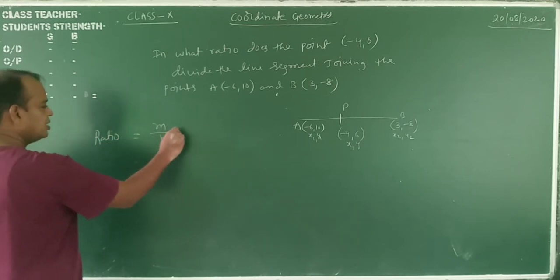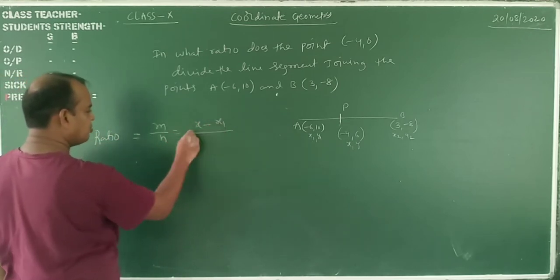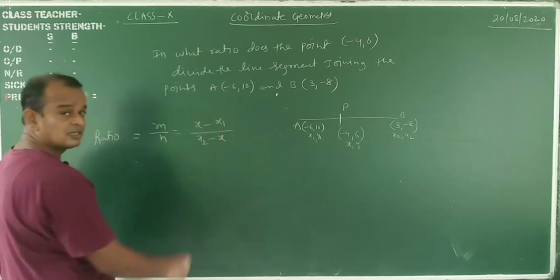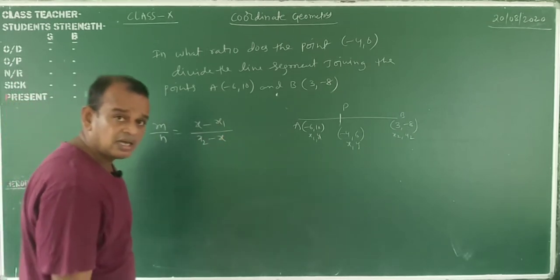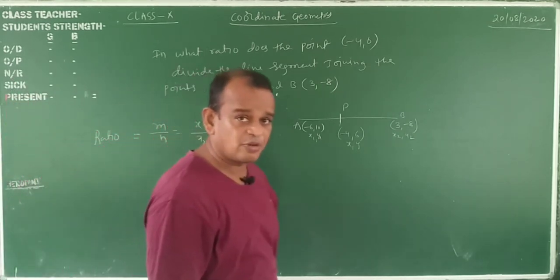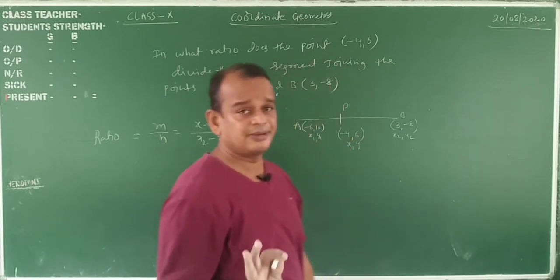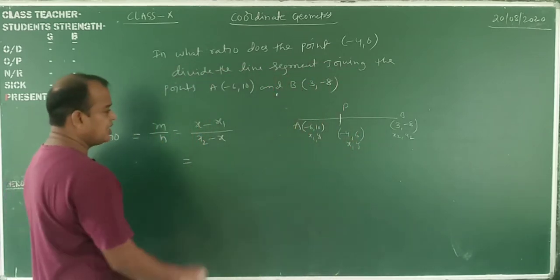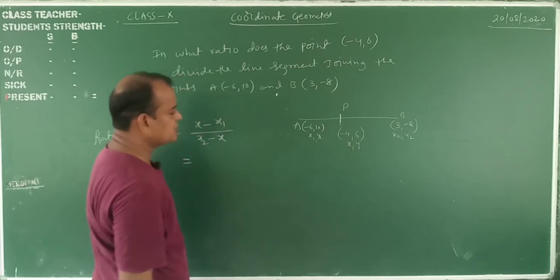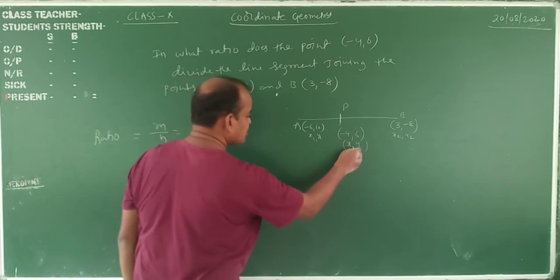That equals (x minus x1) by (x2 minus x). Or another formula is also there, (y minus y1) by (y2 minus y). Both are the same, 100%. x is minus 4, this is x comma y, my dear students, not x1.